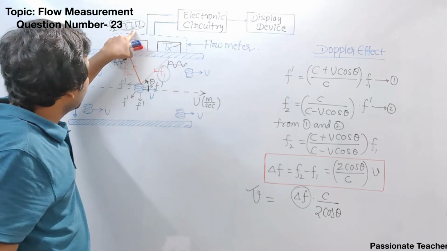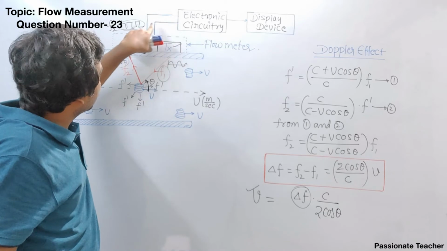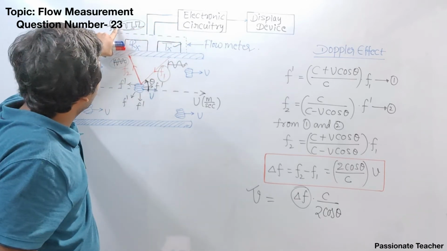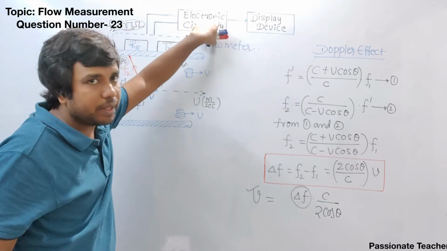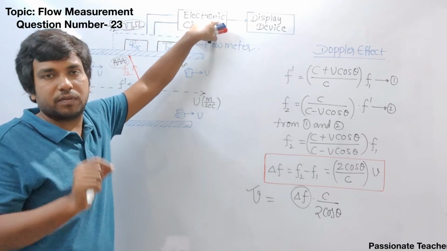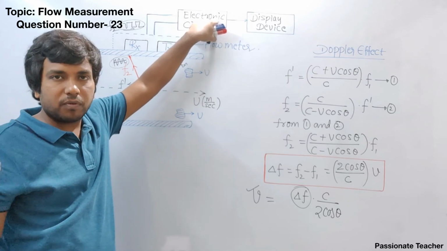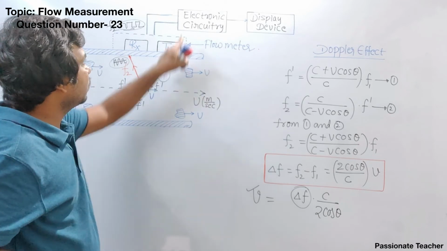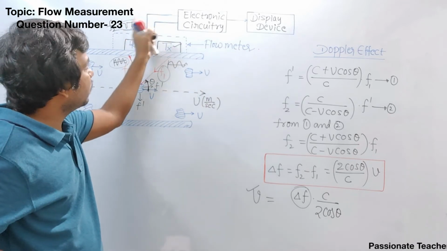After that we are going to have electronic circuitry. Inside this circuitry, we will convert the frequency into voltage by using any frequency to voltage converter IC, that is LM555 or 331. So we have different ICs which can convert the information of frequency into voltage.